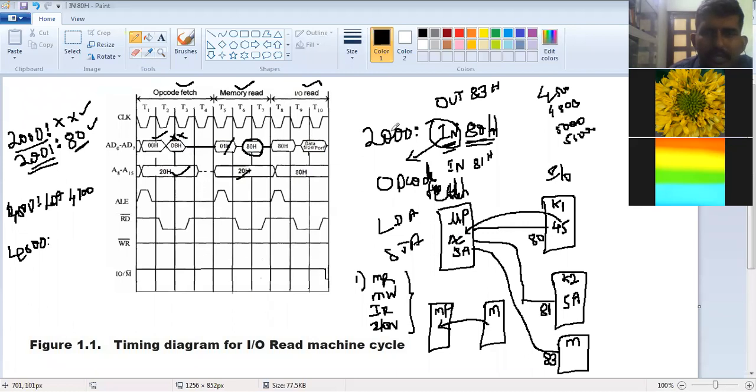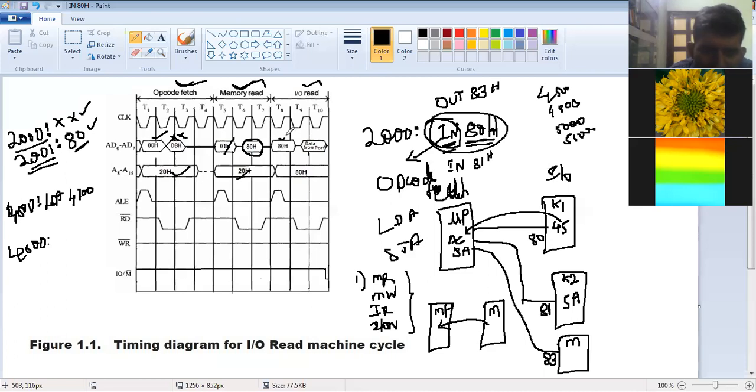So here 2000 is IN 80H. So 2000 is XX, then 2001 is 80. Opcode fetch, so memory read is over. Then in this address I need to go there and get the data. What is the data available?